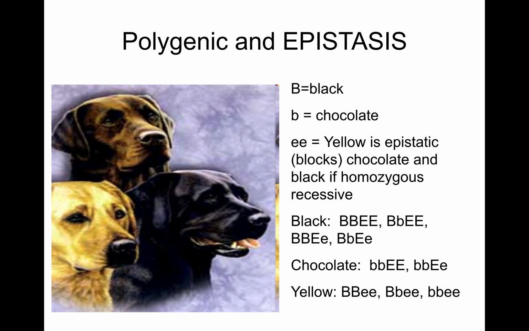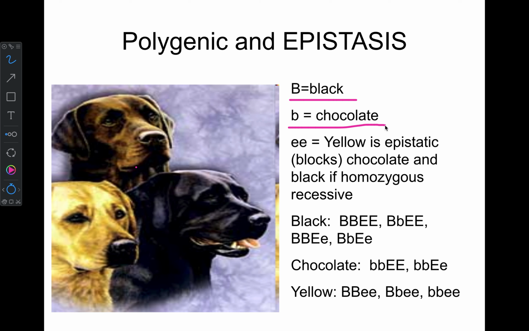And then finally, we have something called epistasis, right? So epistasis is this idea that if you have 1 specific genotype, that can block out everything else, right? So a great example of this is Labrador dogs, right? So you can be capital B, black, or lowercase b, chocolate, but you see all these yellow labs.